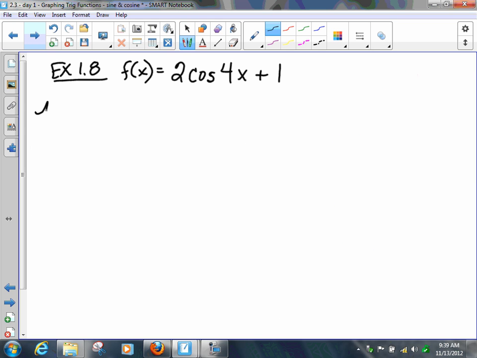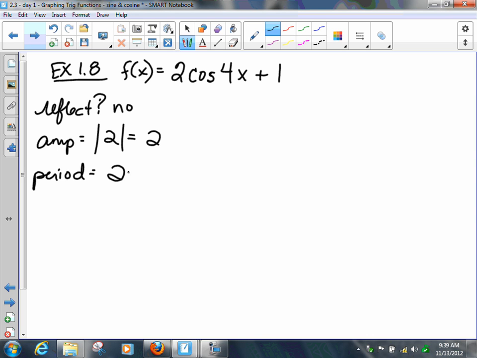Reflect. We write the same stuff every time. Does this thing reflect? No. Amplitude. Absolute value of what? 2, which is 2. Period is always 2 pi over which number?